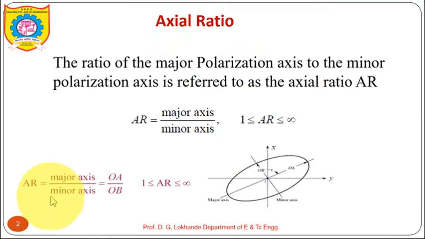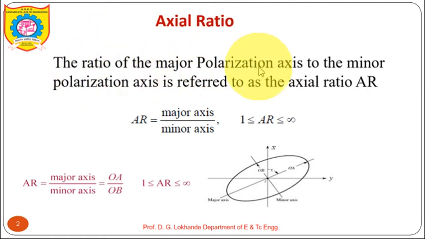Now in that case we already saw the elliptical polarization of the antenna. In that, it will move along one axis OA, which is the major axis we have. So based on that, the particular axial ratio is defined for the specified antenna.